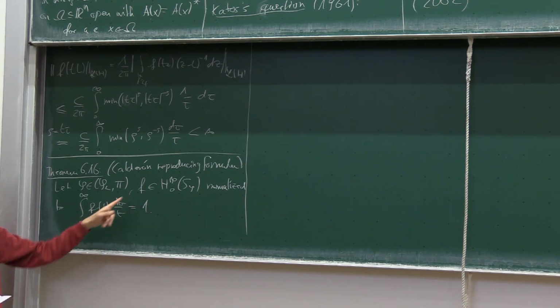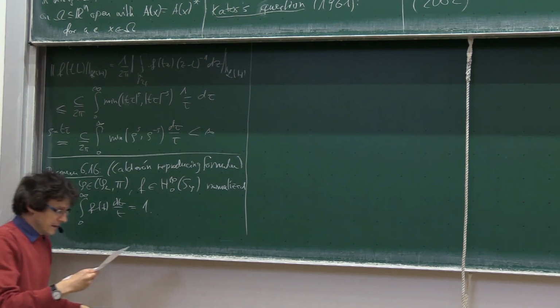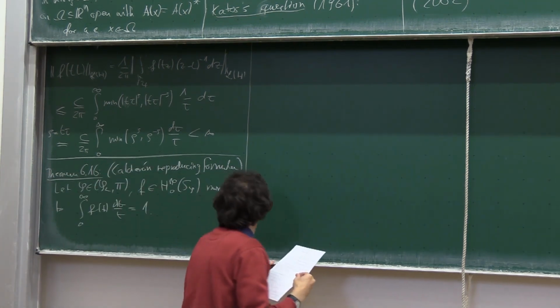So for every function f, there is some number that you get here. And if this number is not 0, then you can always normalize it to 1. So whenever you have an H0 infinity function where this number is a non-zero value, then just multiply by the right constant, then you get 1. Okay.